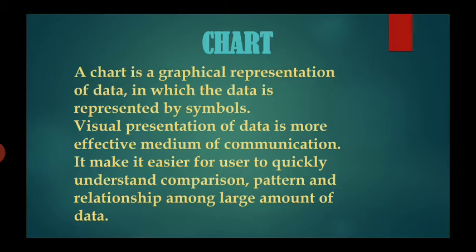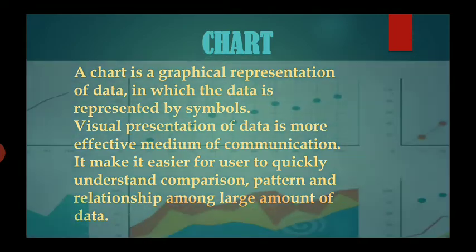Why? Because when we see something visually, it is more effective and useful, it is easy to understand, and moreover we can remember it for a longer period of time. It makes it easier for the user to quickly understand comparisons, patterns and relationships among large amounts of data.